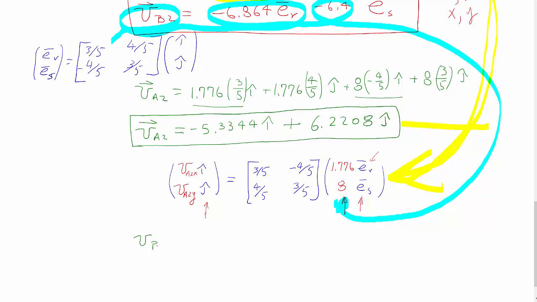So I can just simply go down and write that. Velocity of B final will be equal to, well, let's see.